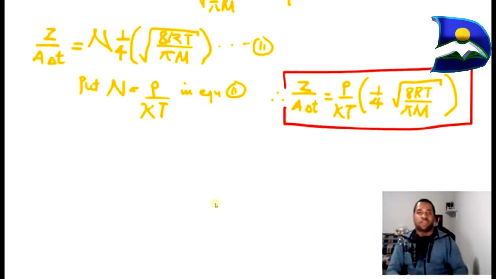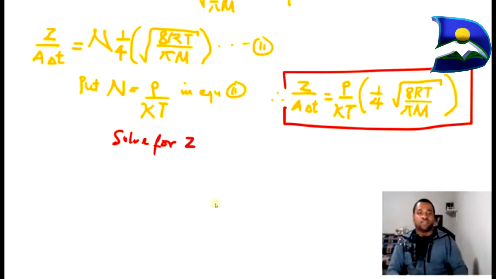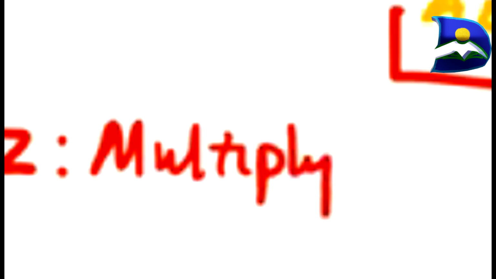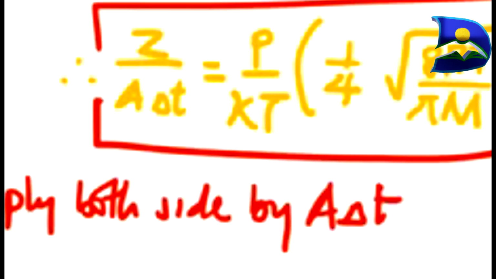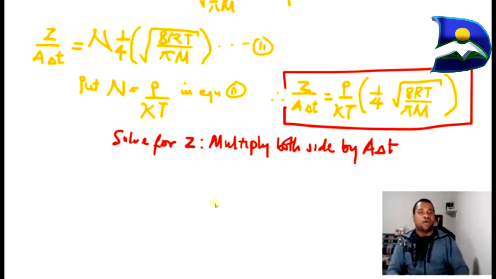collision frequency. So we're going to solve for Z. And to solve for Z, we will have to do what? Multiply both sides by a change in time, and therefore our new equation, which is now in terms of Z, is equal to this expression.